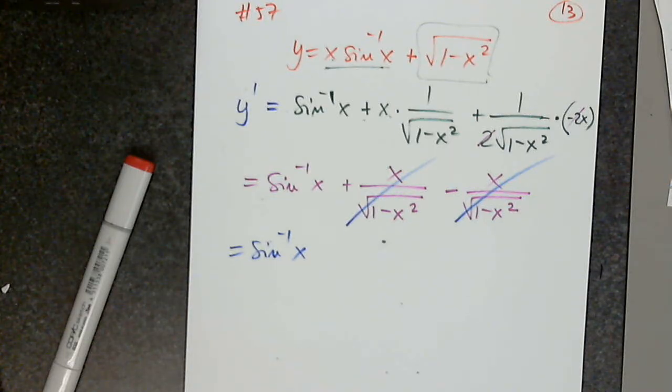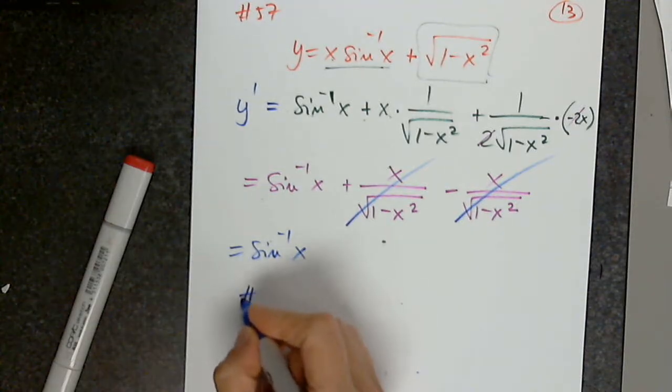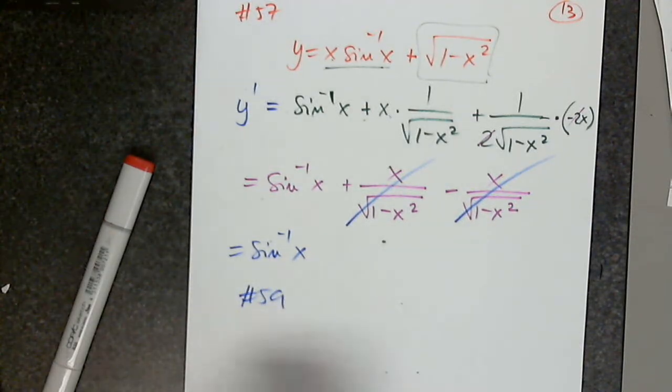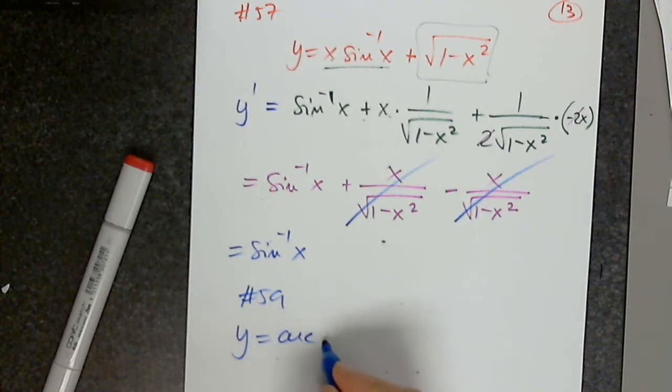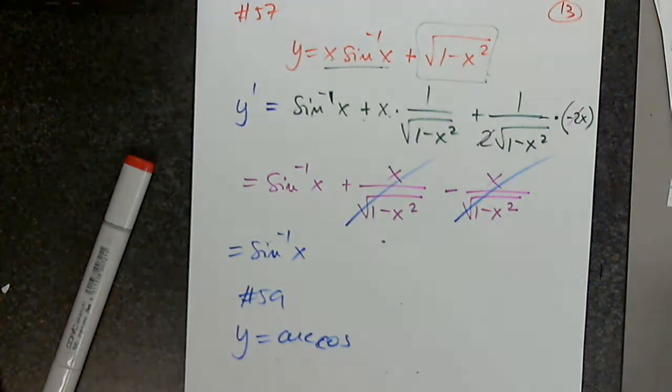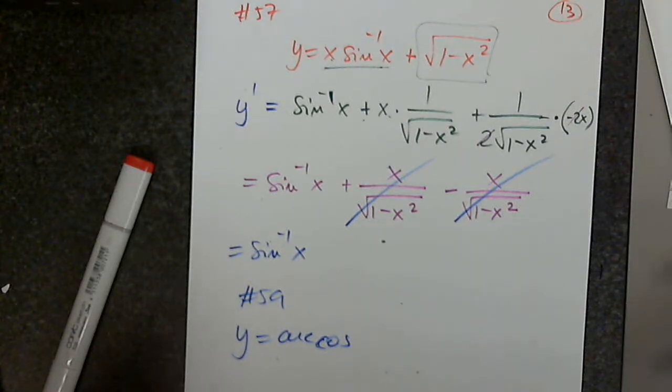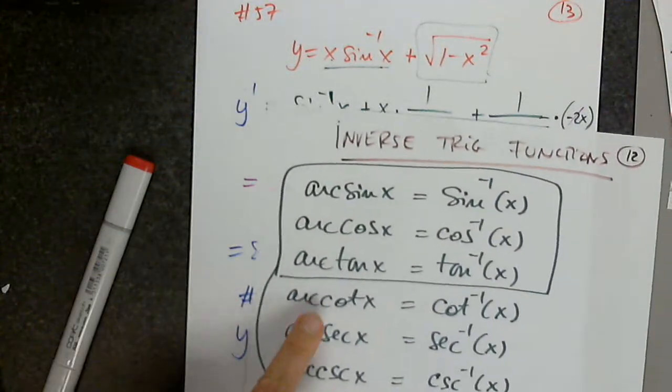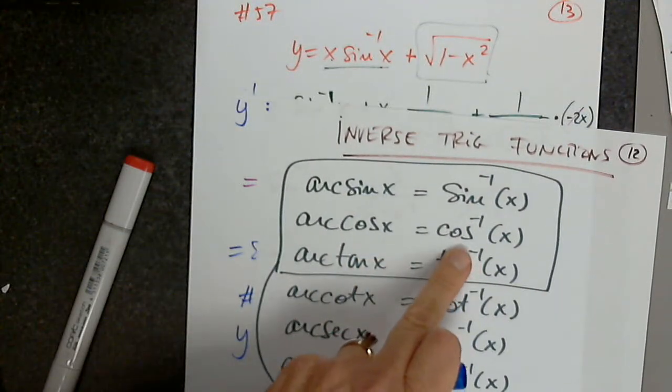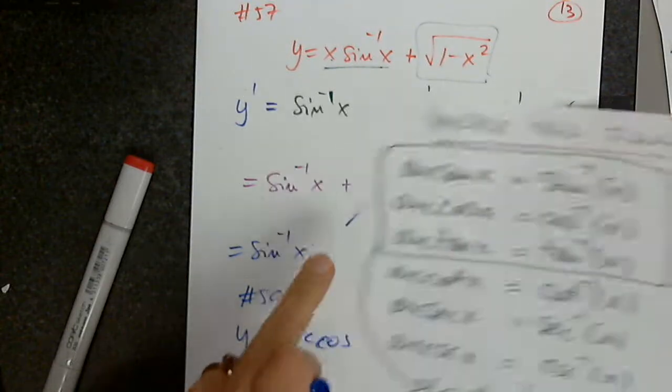Let's choose one more. 59. Very good. 59 it is. 59, we have y equals arc cosine. Notice that they mean the same thing. We use two different notations. So arc cosine is the same with cosine inverse, and cosine inverse is the same with arc cosine.